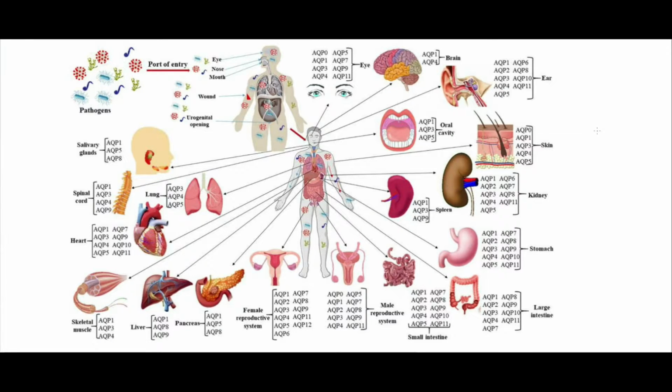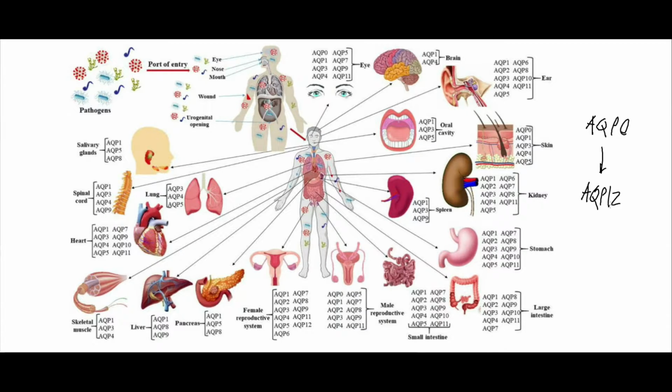And there are 13 aquaporins. Humans have 13, so there's aquaporin, which we can call AQP, and it starts at AQP0 and then goes to AQP12. And so there are 13 of them, and they're split up into 3 different groups.